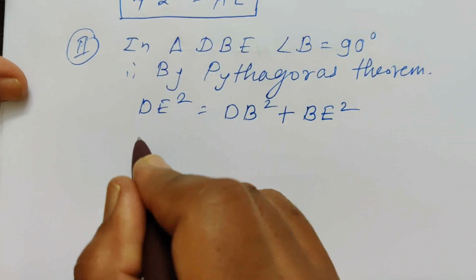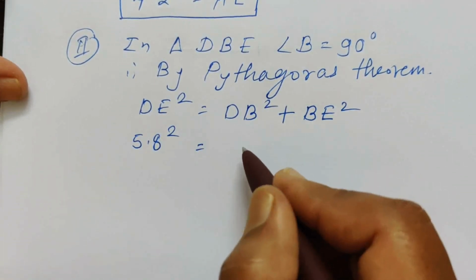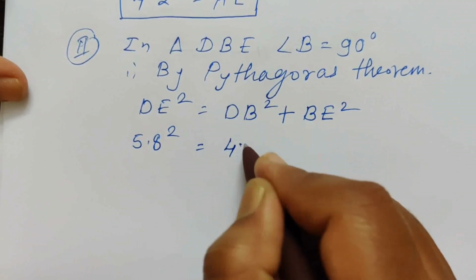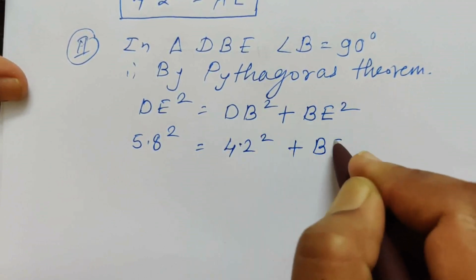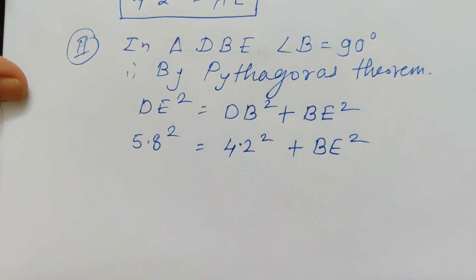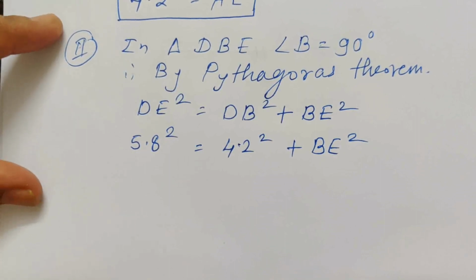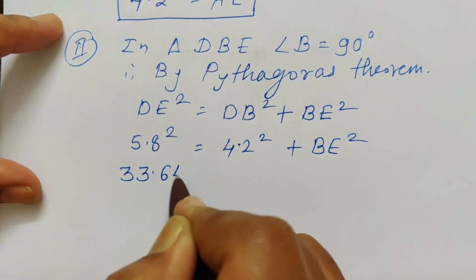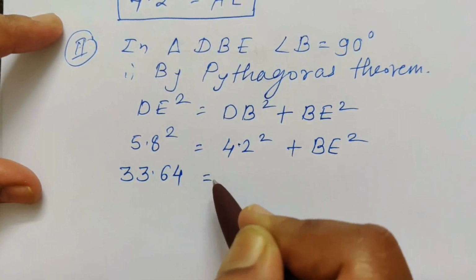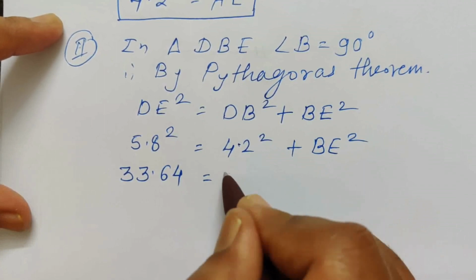Now DE is 5.8, DB is 4.2, BE we have to find out. You know the square of 5.8 is 33.64, square of 4.2 is 17.64.